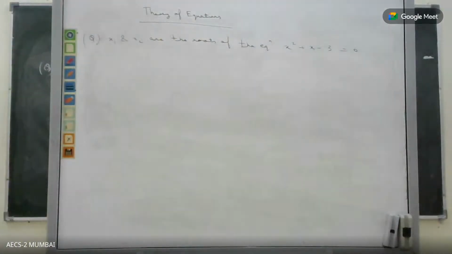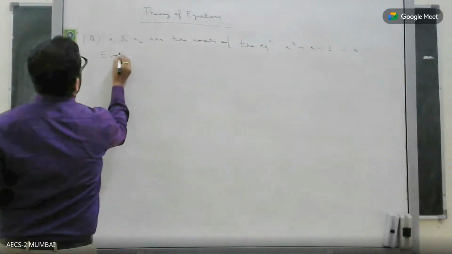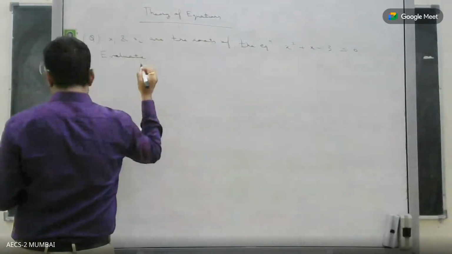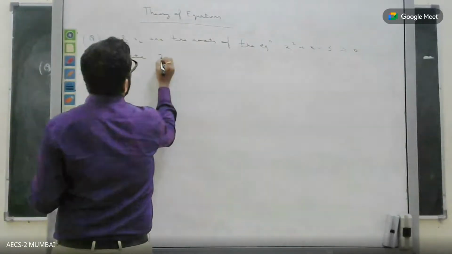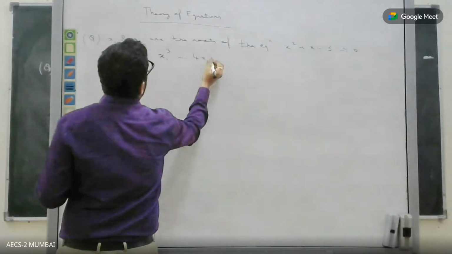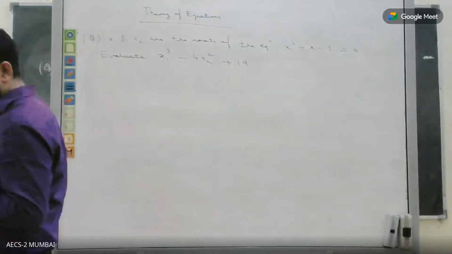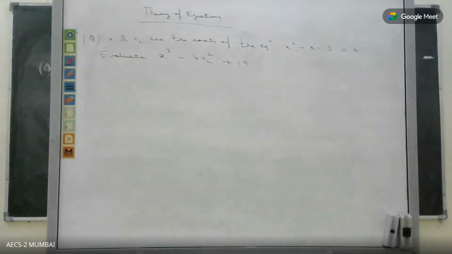x1, x2 are the roots of the equation x square plus x minus 3 equals 0. Find the value of x1, x2 are the roots of the equation x square plus x minus 3 equals 0. Evaluate x1 cube minus 4x2 square plus 9.